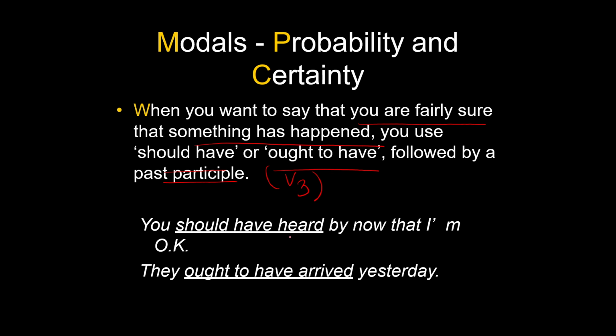So here the statement shows that we are sure that something has happened. So, they ought to have arrived yesterday. Here also it is believed that something has for sure happened.